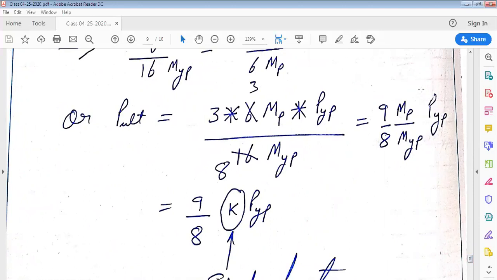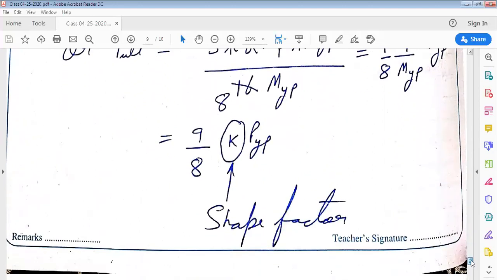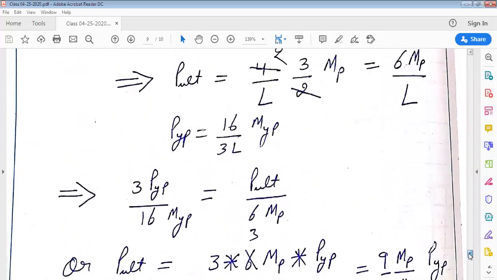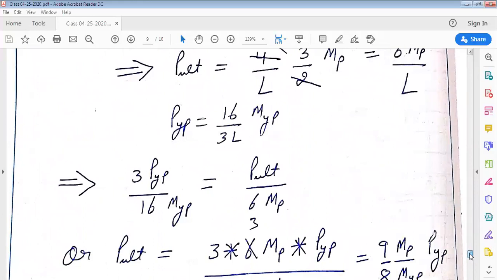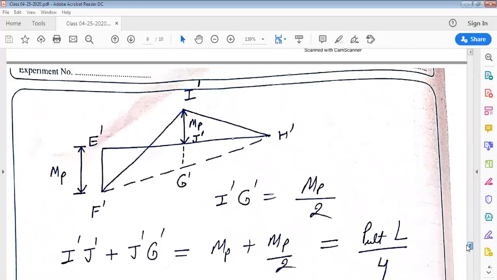And if we write MP by MYP as K, we have 9 by 8 K into PYP, where K is called the shape factor. The same result we can now find out using the virtual work method also.